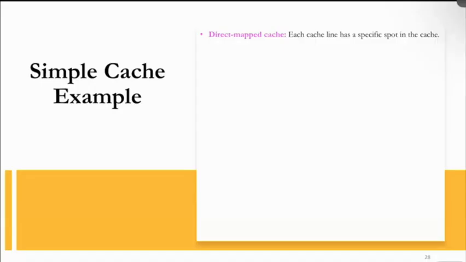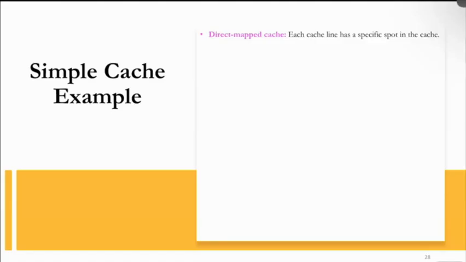So to address this, what does the direct mapped cache method mean? For each block of memory, there is a specific cache line assigned in the cache memory.